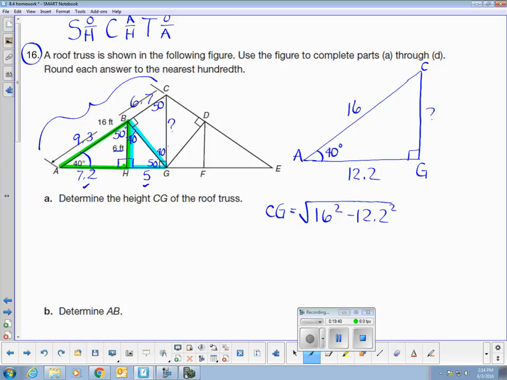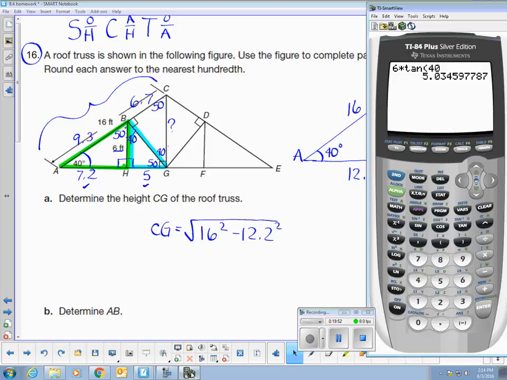It's a good review of the Pythagorean theorem. 16 squared minus 12.2 squared, and then the square root of all of that. And that gives me about 10.4.